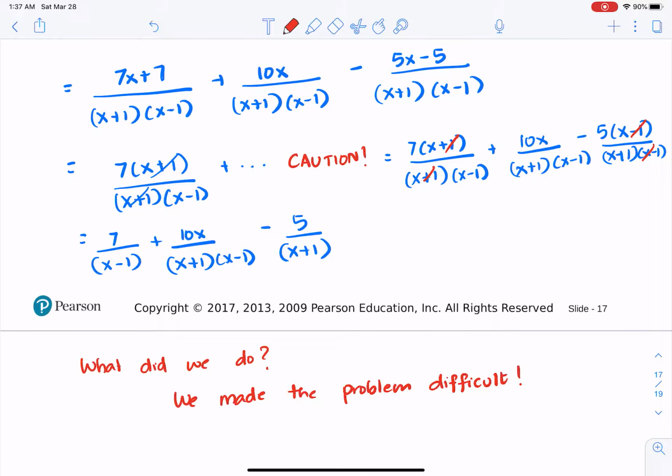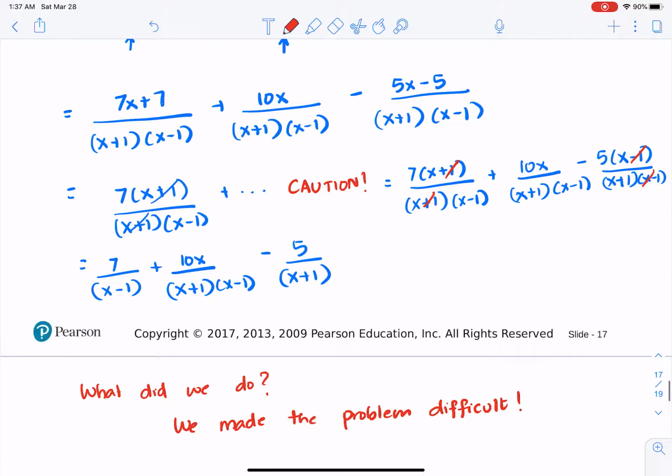We started with a nice little common denominator there. We started cancelling out and we ended up getting that. The denominators are no longer identical. So we have to find the LCD again.